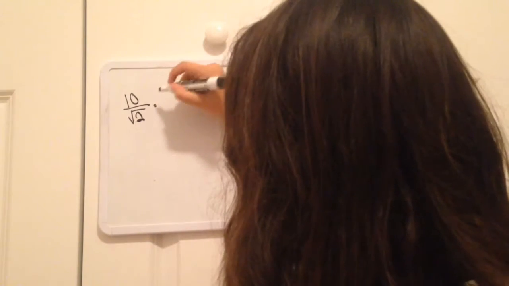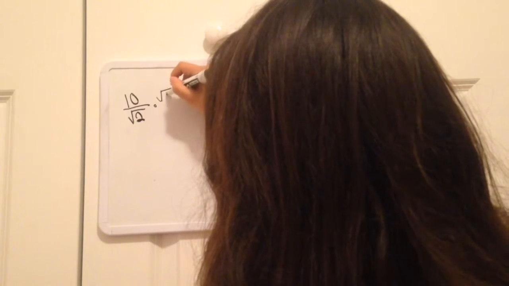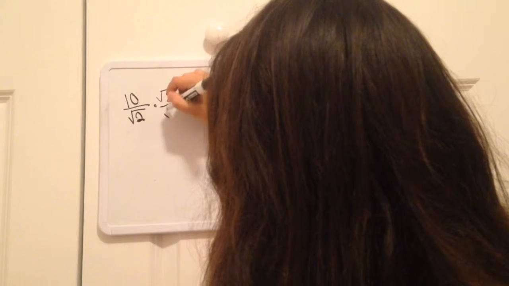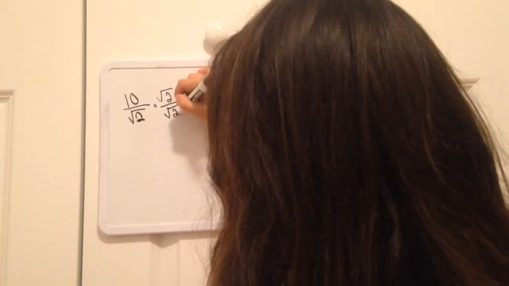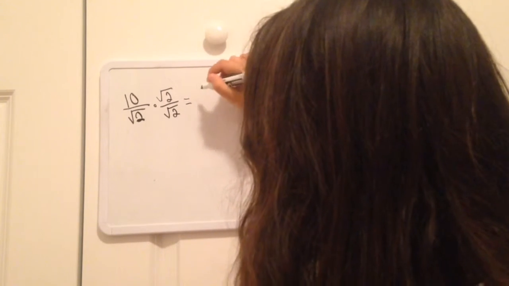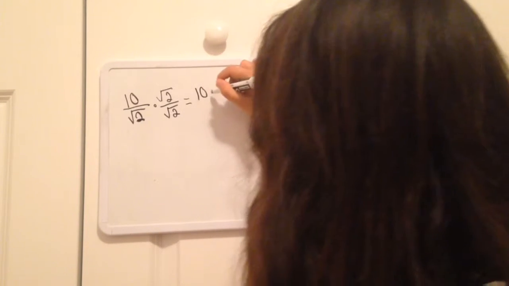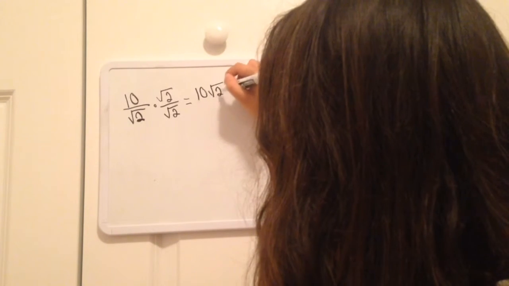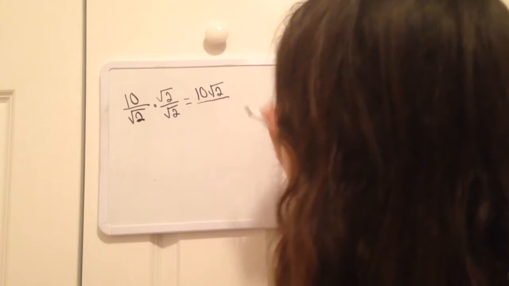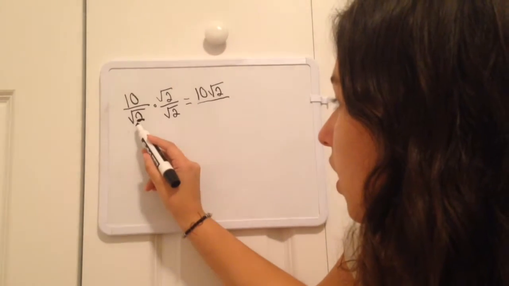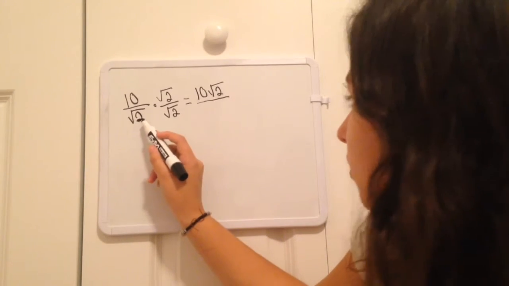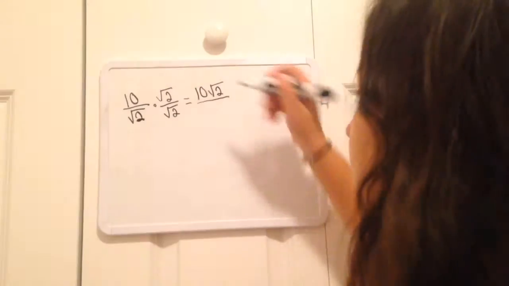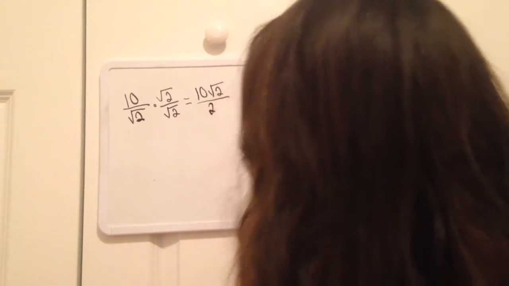To solve this, you would have to multiply top and bottom by the denominator, which is radical 2. This would equal 10 radical 2 over, since the radical number is both the same, it would equal 2.